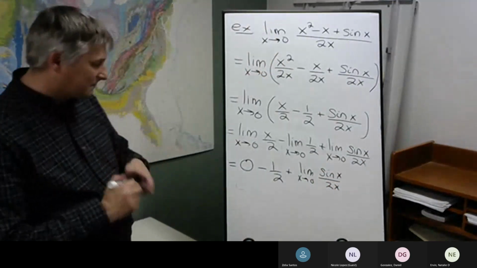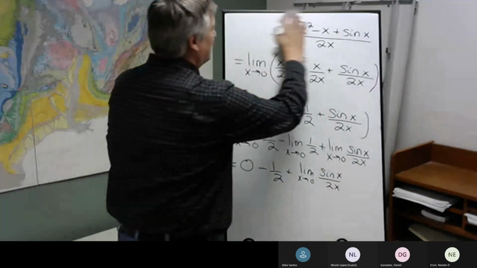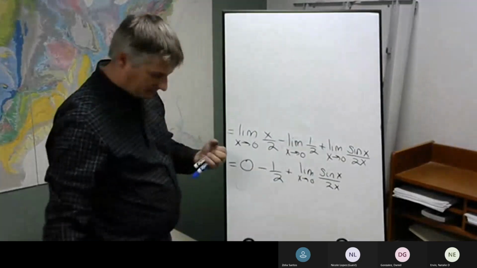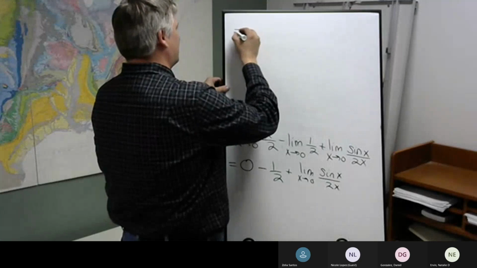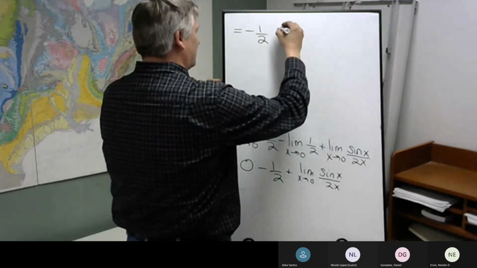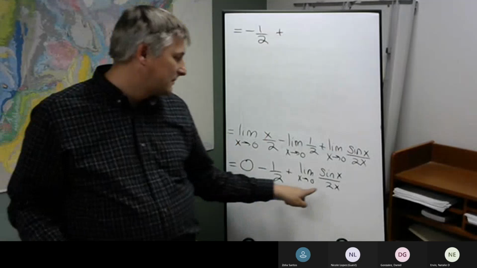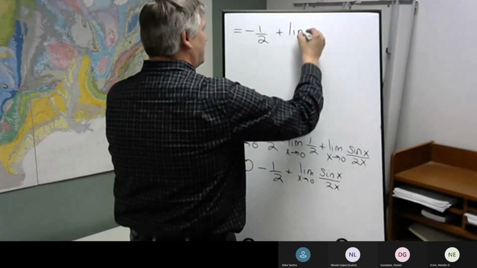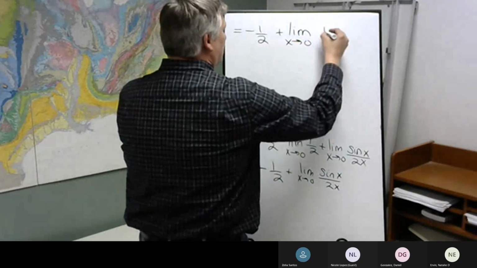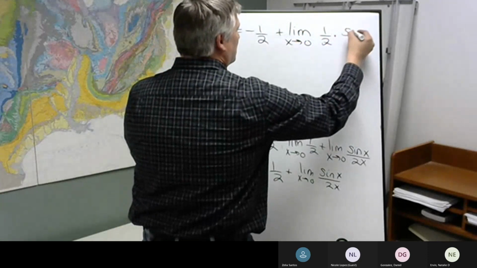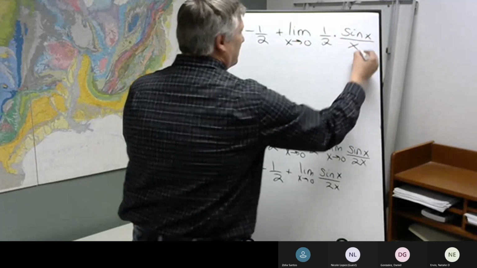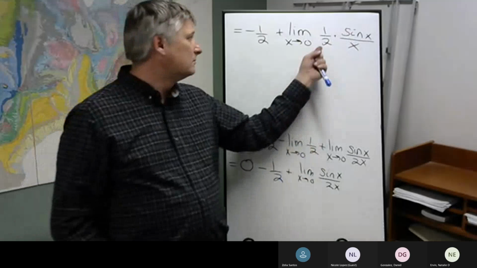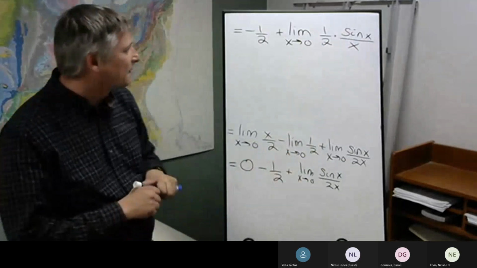I'll do a little work with this one. What we can do, this 2x down here, we can treat this as the limit as x goes to 0 of 1/2 times sine of x over x, because 1 times sine is sine and 2 times x is 2x.